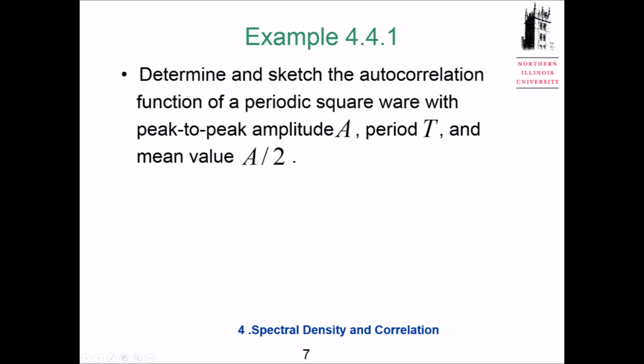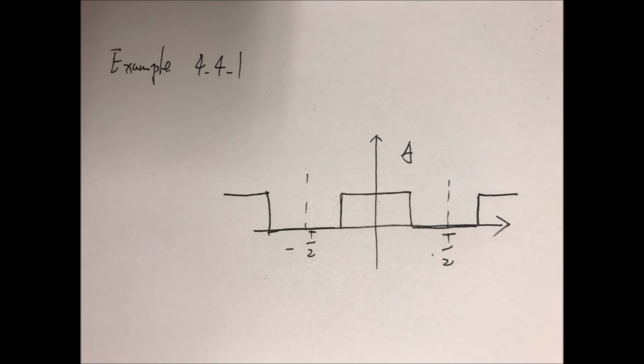This signal is a square wave with period capital T and peak-to-peak amplitude A. The mean value is A/2.